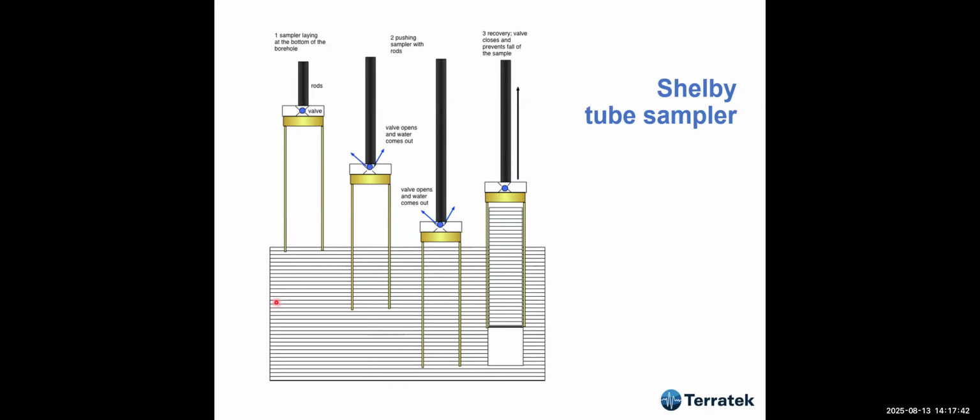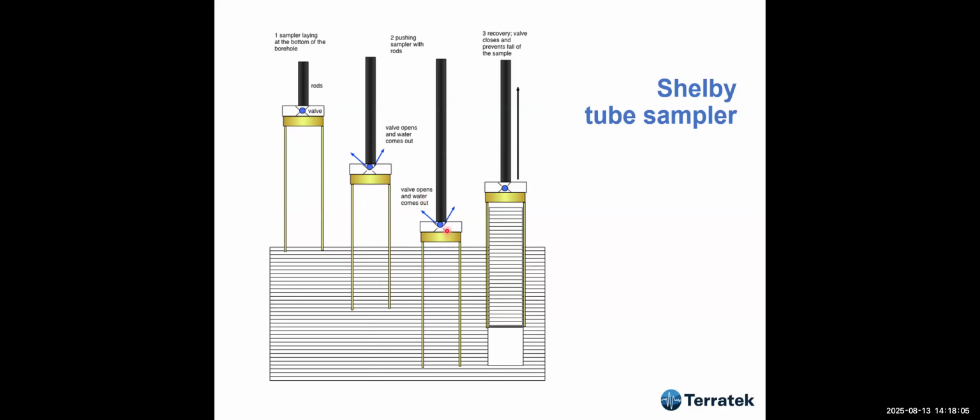So this is a thin-walled sampler. Usually, the length of the sampler is 6 centimeters to 8 centimeters. It has a valve here. When you push into the soil, water gets in, okay? And this valve opens and lets the water go out.